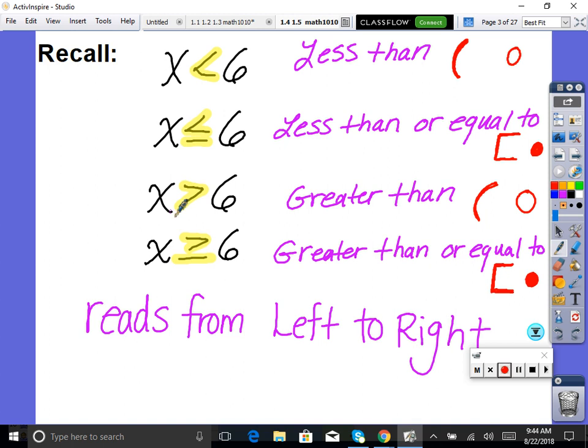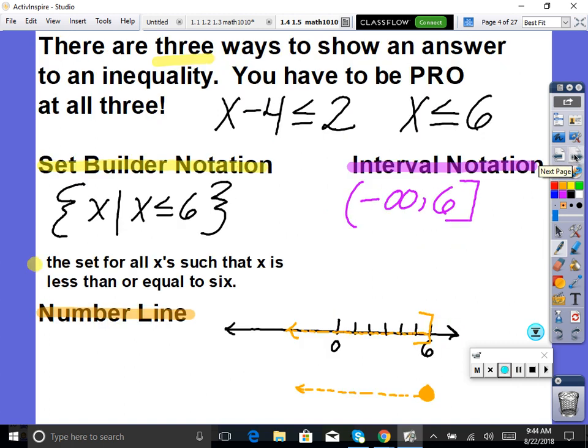Including would be a bracket or a closed circle. Make sense? We've used this in math all the time. Bracket means including. Parentheses means not including. Closed circle means including. Open circle means not including. You will just be looking up here for right now.